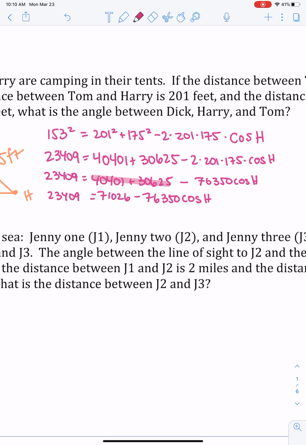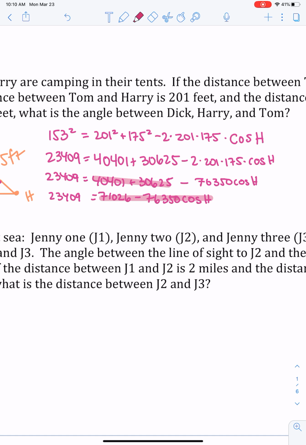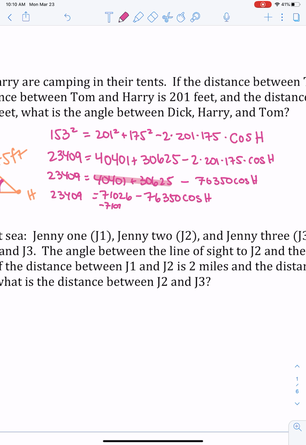Okay, the temptation right here is to add these 2 numbers together, but I cannot do that because this cosine H is attached. So what I can do instead is subtract this from both sides. And then I will get 23,409 minus that will give you negative. Be careful, these negatives are important. And I have a negative here.